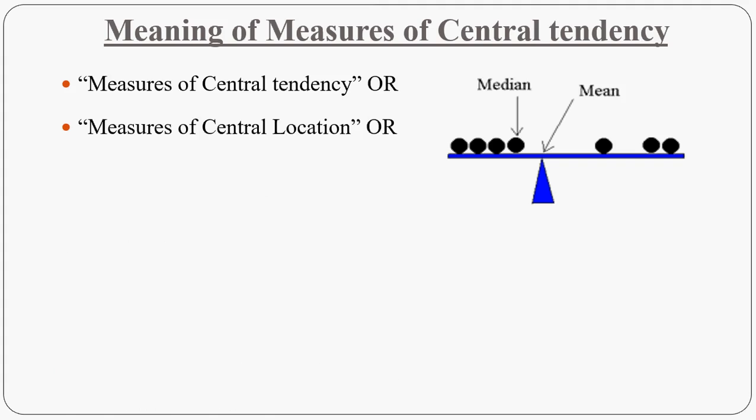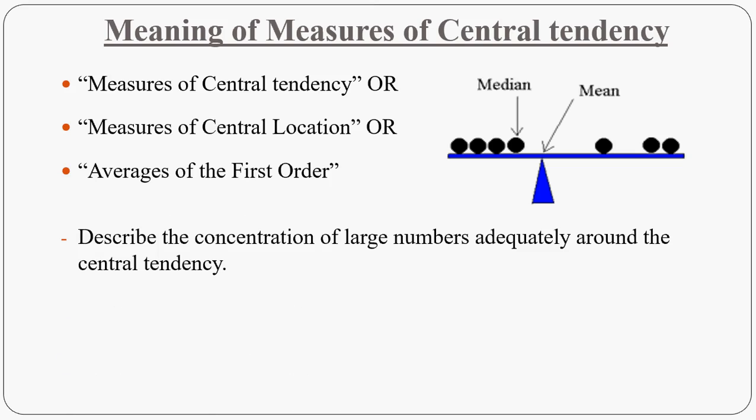Now you can understand central location: between the given set of series, the mid center. So averages of the first order describe the concentration of large numbers adequately around the central tendency. That is what the picture example is talking about. I hope this information is very clear with regards to central tendency.